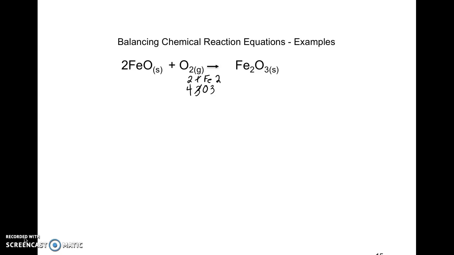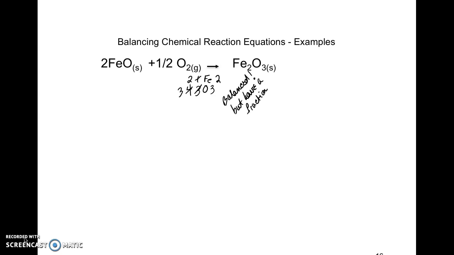The simple way to balance that would be to put a coefficient of 1/2 in front of the O2. And now I have 3 oxygens on the left, 3 on the right. Everything's balanced, but I have a fractional coefficient, which is not generally something people want.